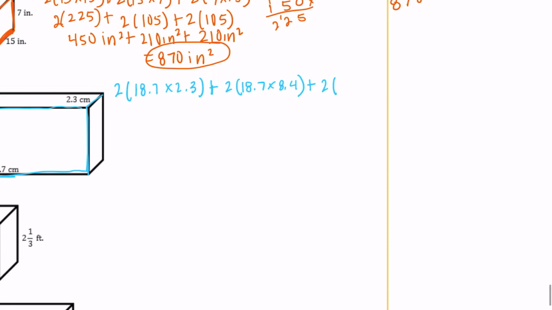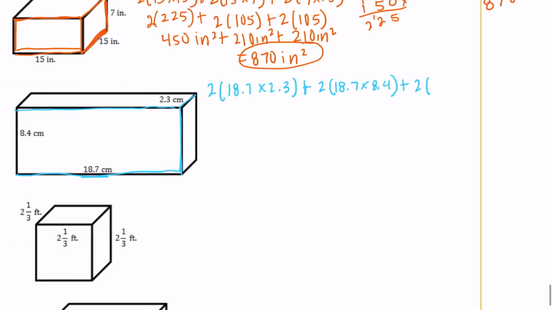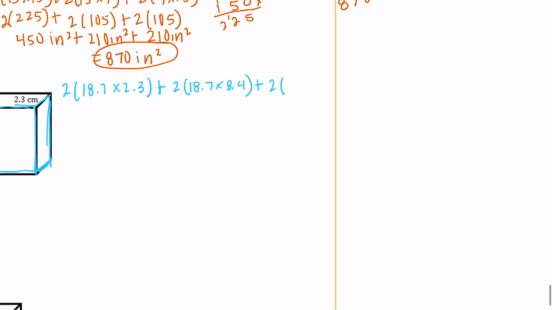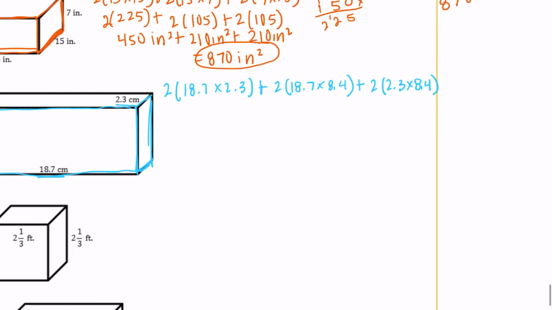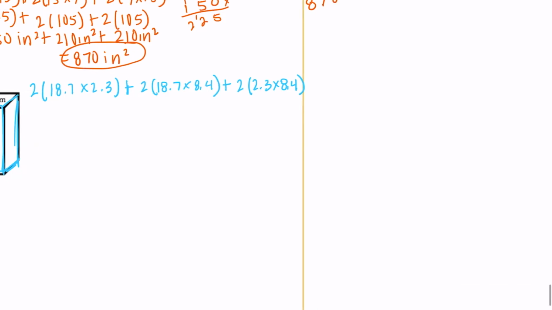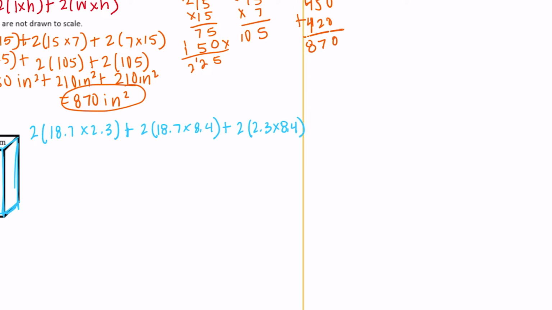Plus two groups of the sides, which would be the width, 2 and 3/10, and the height, 8 and 4/10. Now I'm leaving off all of the centimeters just because I think it makes it crowded and a little bit more confusing, so I'll add the label back in at the end.